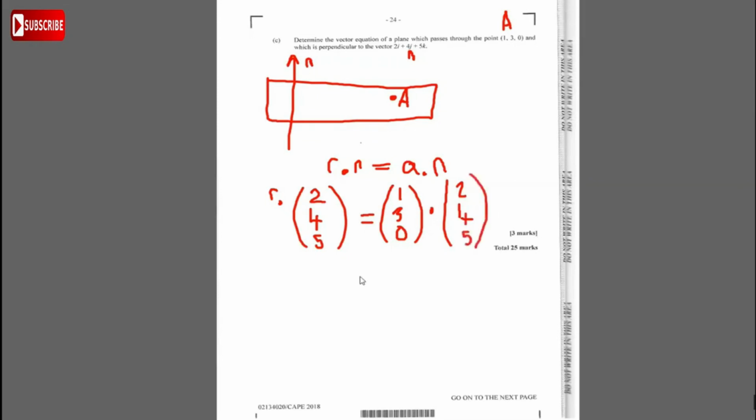So we work out this dot product now. 1 times 2 is 2, plus 3 times 4 is 12, and 12 plus 2 is 14. That's 14. R dot N is really 2x plus 4y plus 5z equal 14.